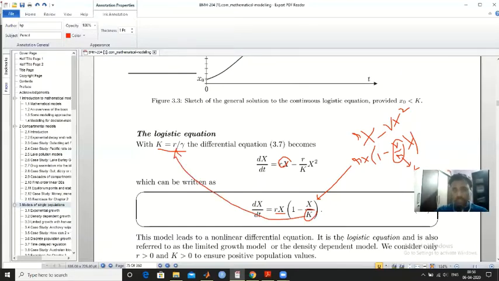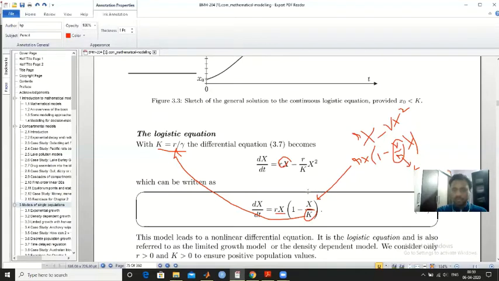This K is known as the carrying capacity, and you can check what R was. R was the growth rate in terms of beta minus alpha, and gamma was the death rate due to the population. So it is known as the carrying capacity.